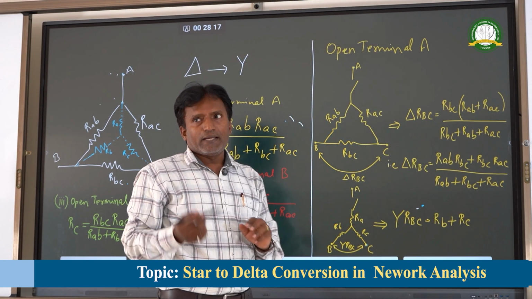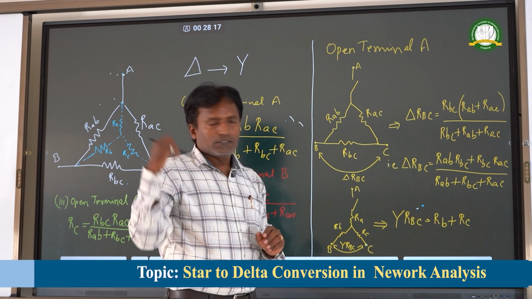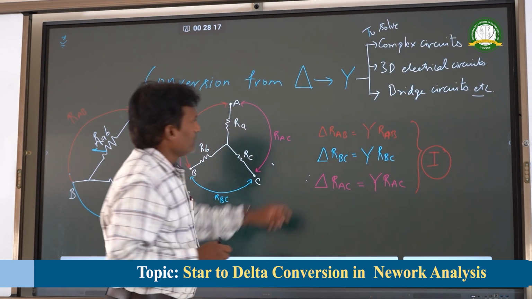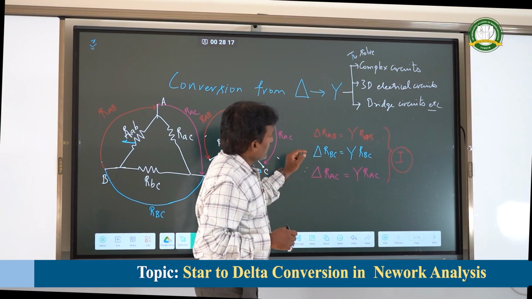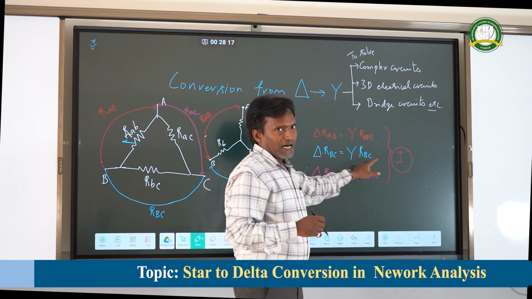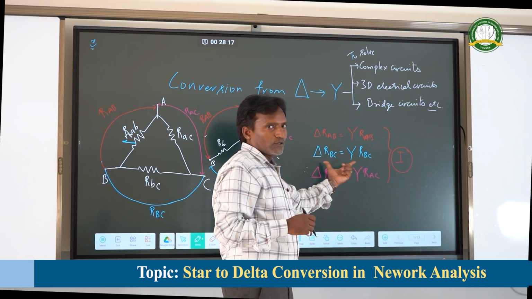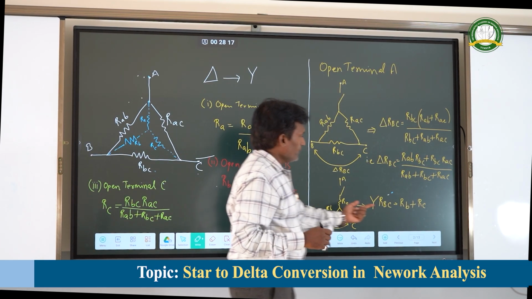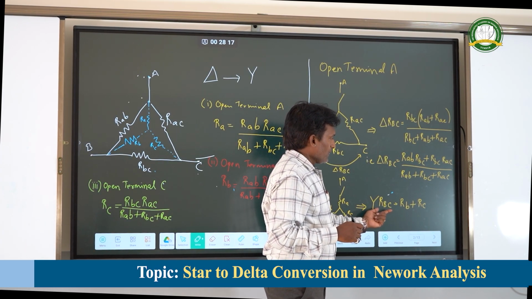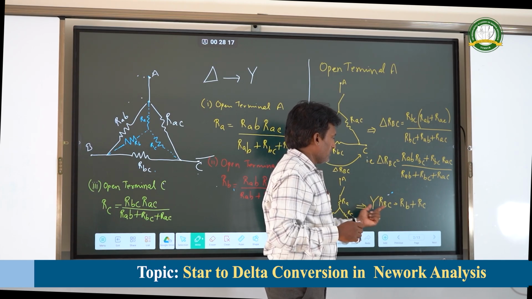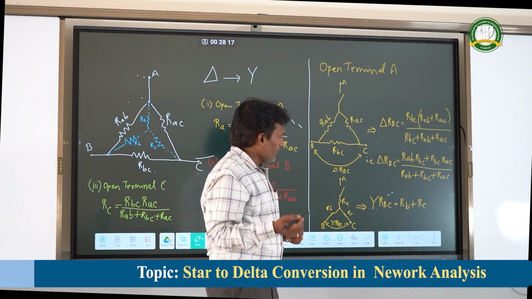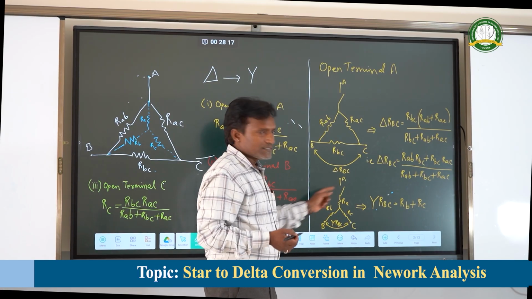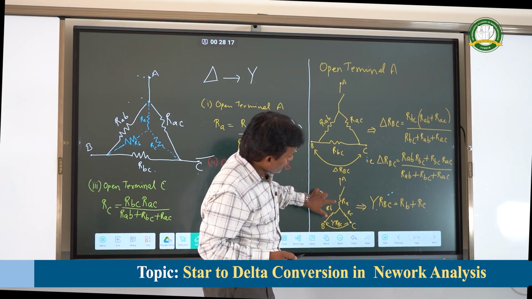We know by condition 1, listed in the previous equation, that delta RBC is equal to star RBC. So I will take this into consideration. On solving the star element by opening terminal A, there is no current through RA.